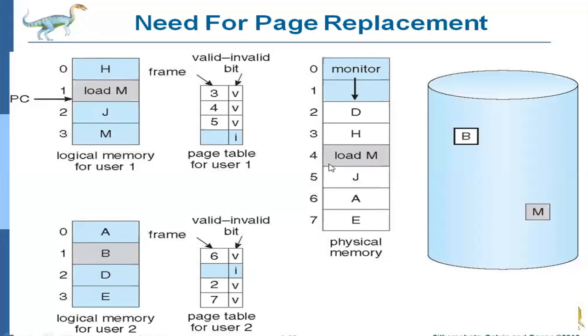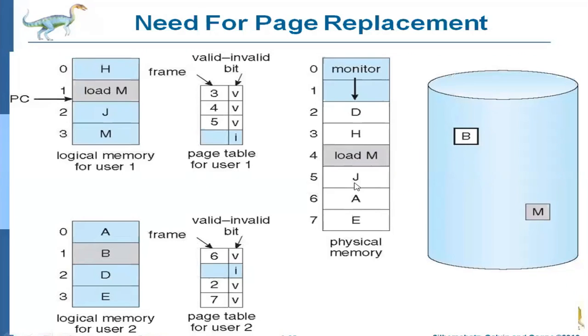Then what happens here? What is the basic page replacement algorithm? When the page is not available in the main memory, you swap a page from the main memory to disk, and the required page is brought and loaded into the main memory. Here the memory is full.